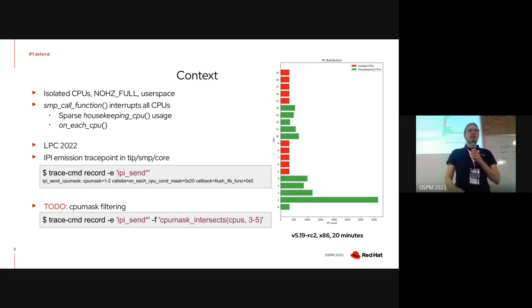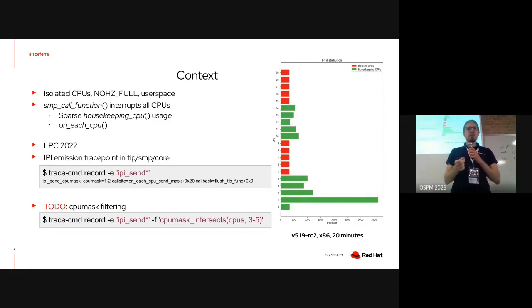In terms of what has happened since LPC, I've been working on the tracing side of things. If you look at smp core, you now have actual trace points for IPIs being sent. We used to only have trace points for IPIs you received, so it was a bit difficult to figure out where something came from. I actually used that yesterday to debug some of the stuff I'm going to be talking about, so it's working.